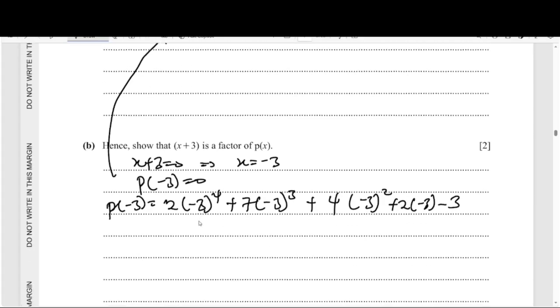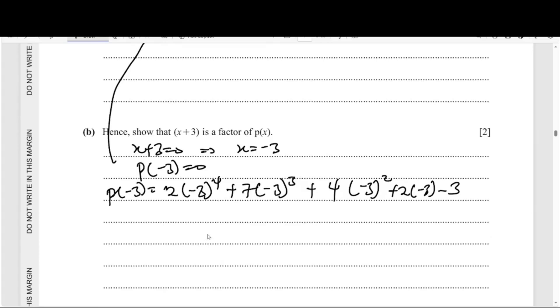So let's try simplifying these ones. The first one we have 2 times 81, so this is equal to 162. Here we have 27 times 7, 189, and then 9 times 4 is 36, positive 36. Then we have negative 6 minus 3.